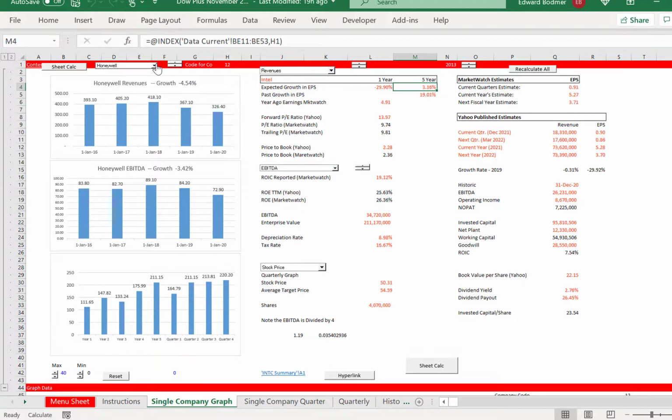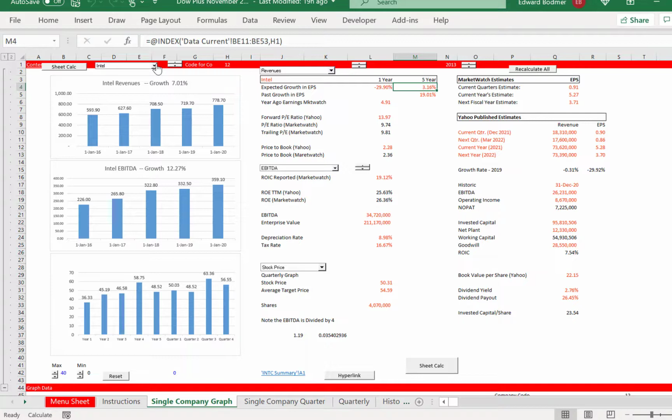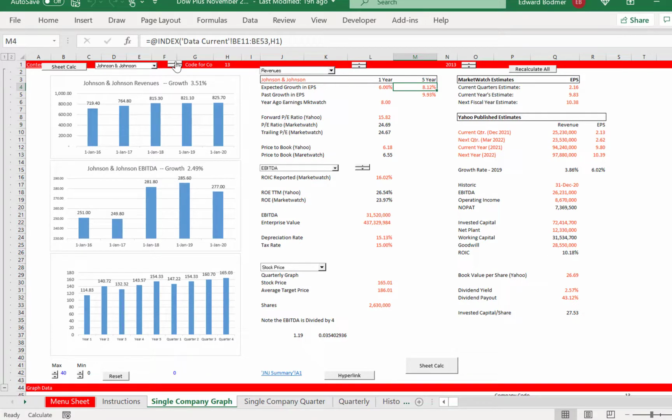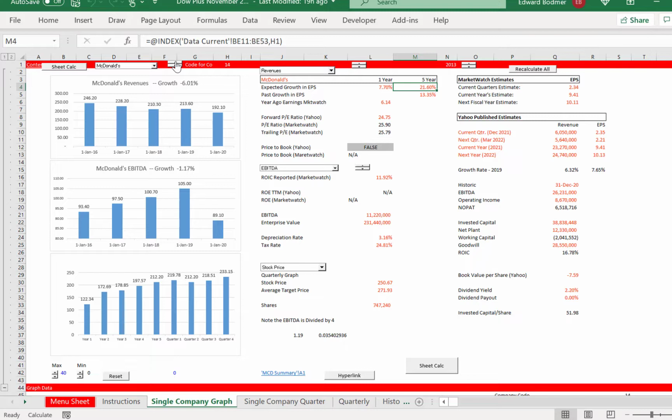Okay, that probably comes from company estimates and everything else. You know that. Revenue 7%, and okay, we're just going through company by company, and we see very minimal growth in revenues, sometimes a little more growth in EBITDA.